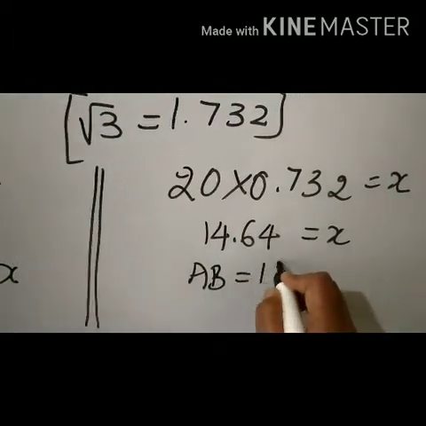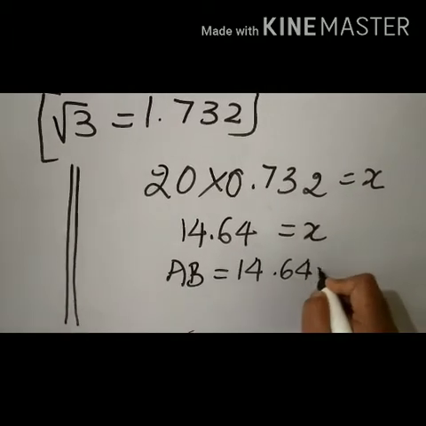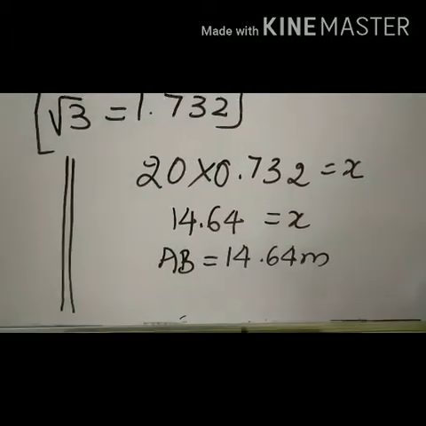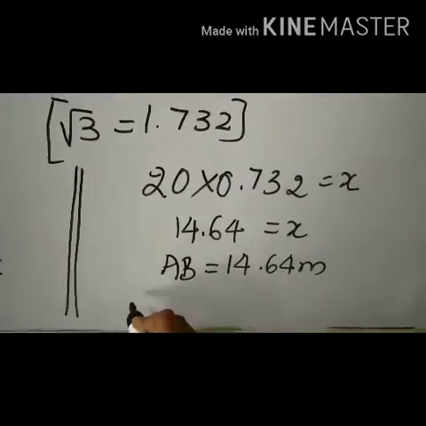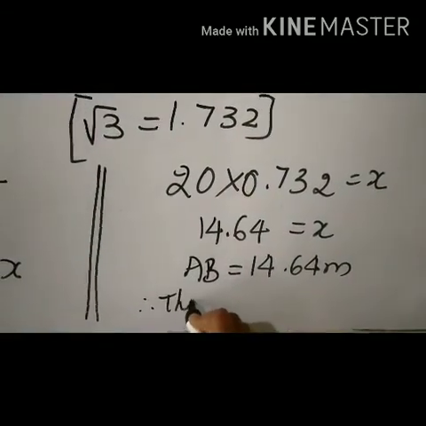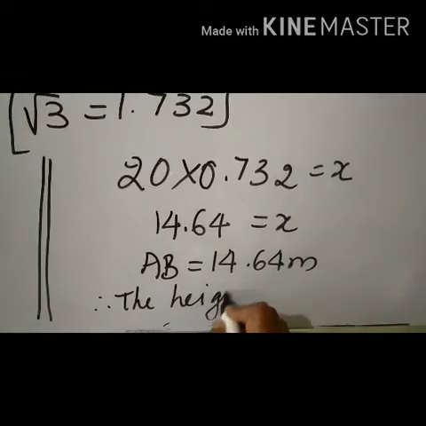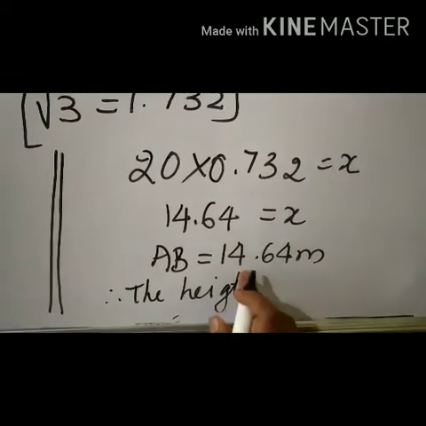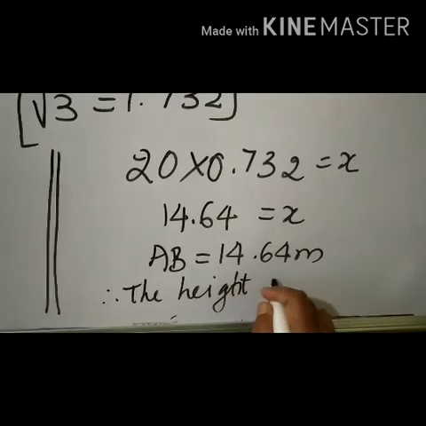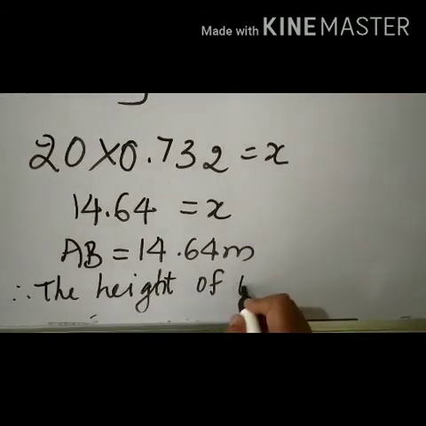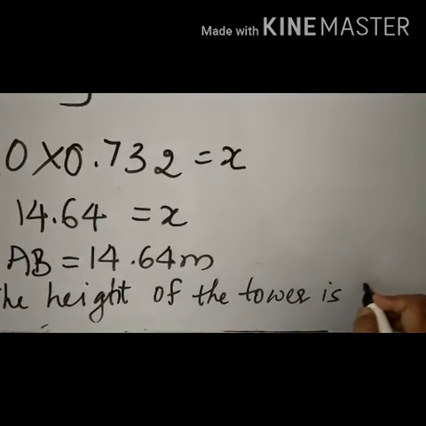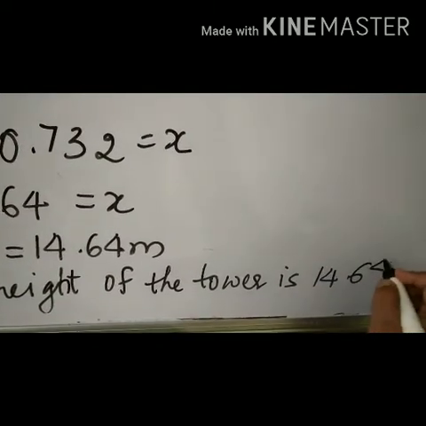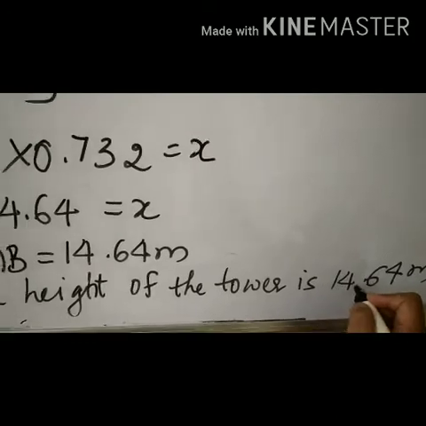AB is equal to 14.64 meters. And we know that AB is the tower. Therefore, the height of the tower is 14.64 meter.